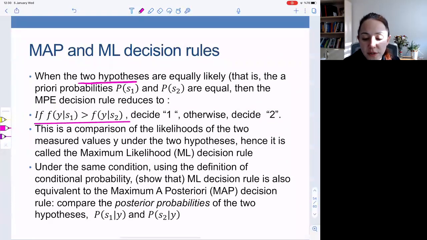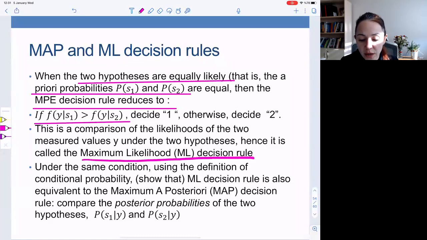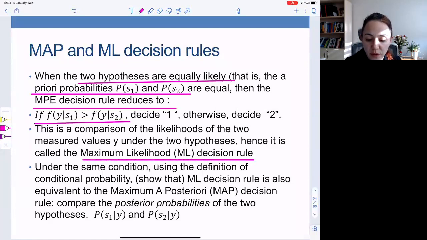When two hypotheses are equally likely, that is, the prior probabilities P(S1) and P(S2) are equal, then the minimum probability of error decision rule reduces to the maximum likelihood decision rule, meaning choose S1 if f_Y given S1 is bigger than f_Y given S2.